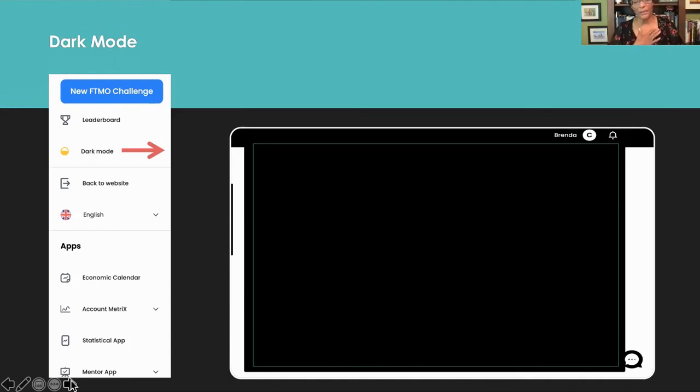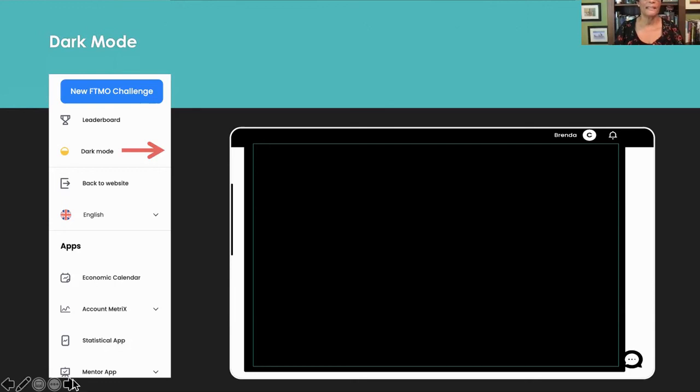As a person with 56-year-old eyes, sometimes the glare of the computer or the glare of the phone really gets to me. So I'll switch over to dark mode and it's much easier on the eyes. Some people like to chart against the black. The colors stand out more. Some people are like, just leave me with my white chart with my white page and I'm fine.